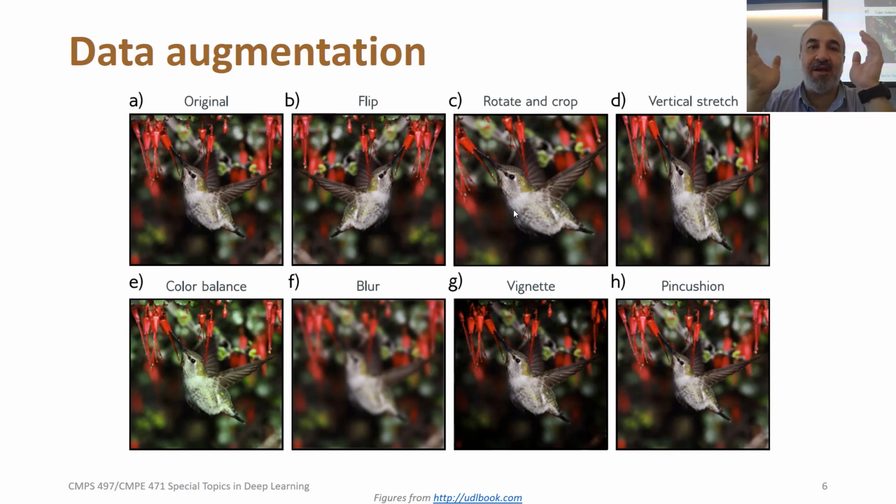So that's the idea of data augmentation: to add new labeled data automatically to the training data so that we have more data than before. And that hopefully will improve the generalization of the model.